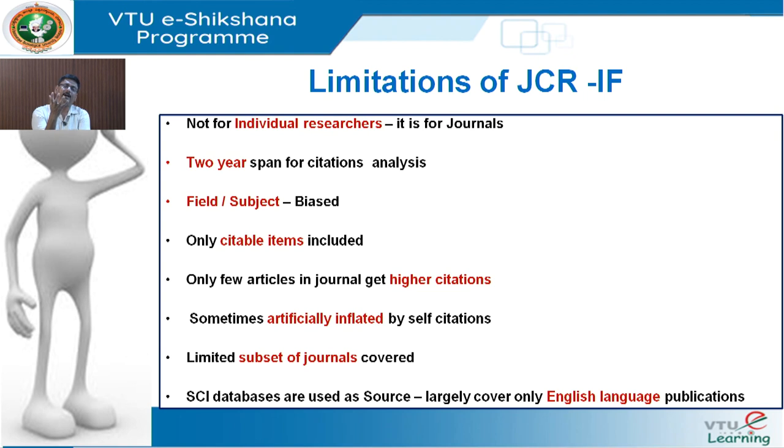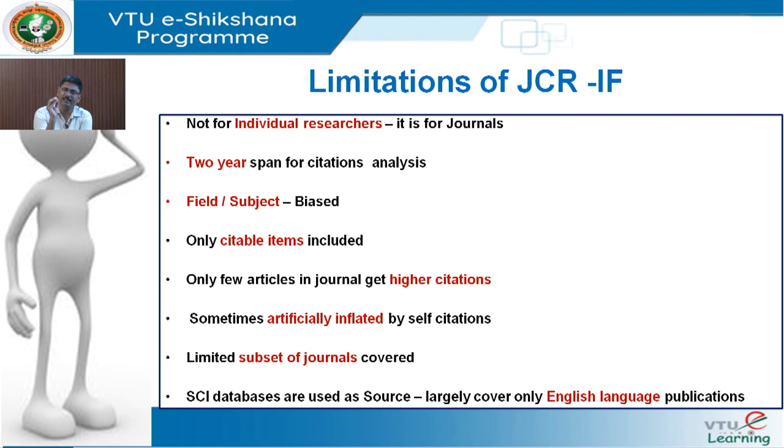For example, medical or chemical sciences have more researchers and a lot of research goes on, so there is more potential for those journals to get a higher impact factor. That is why medical journals always have a higher impact factor. If you consider a journal in aerospace, there will be very few researchers and very few research articles, so the citation potential will comparatively be very low.